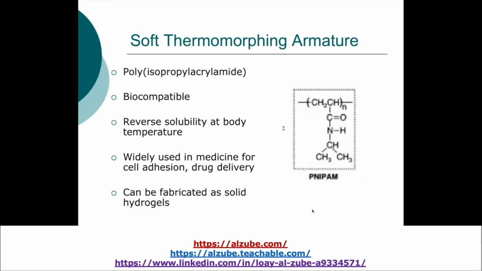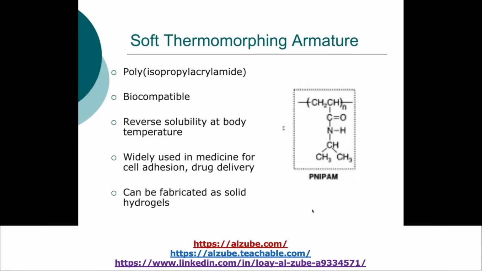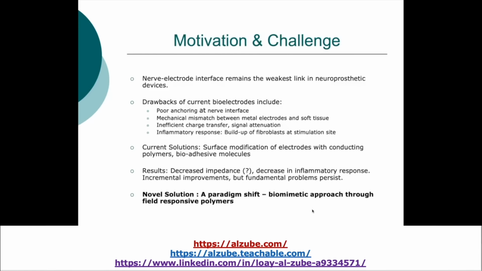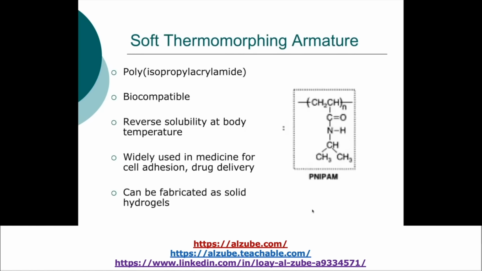I would like to go into the details of each one of them quickly. So let me go quickly about them. The soft thermomorphing armature, remember, is designed to help anchor the electrode around a neuron. It's a poly(N-isopropylacrylamide). That's the material. It's biocompatible. It has reverse solubility at body temperature, which means that it solidifies at body temperature.